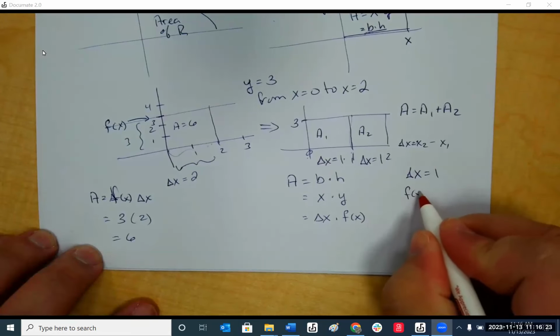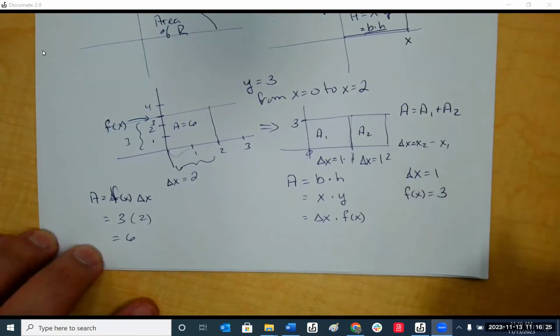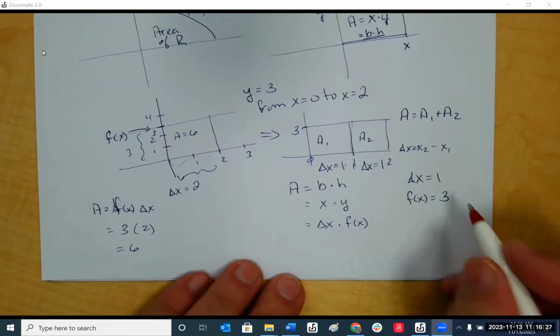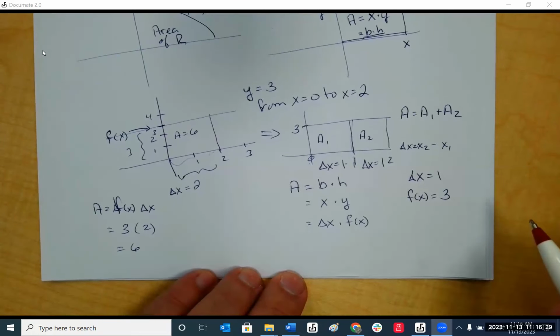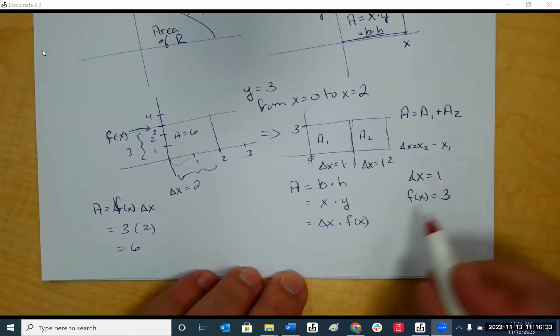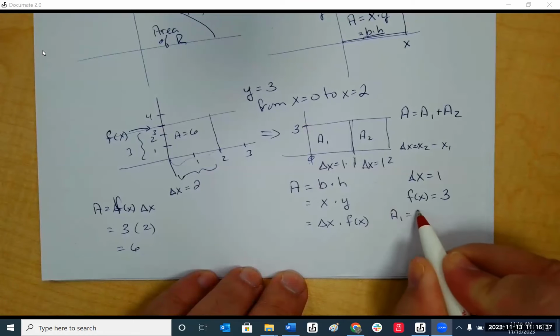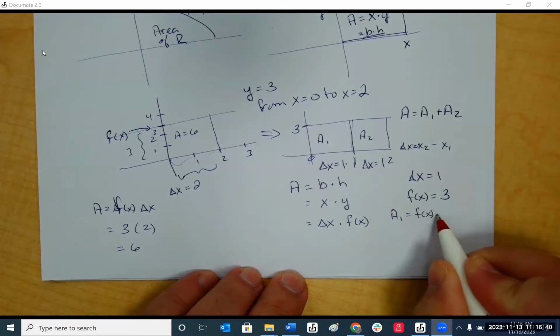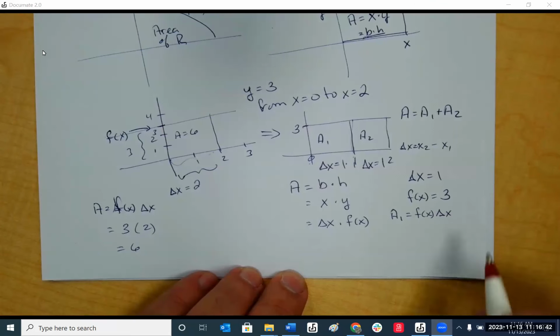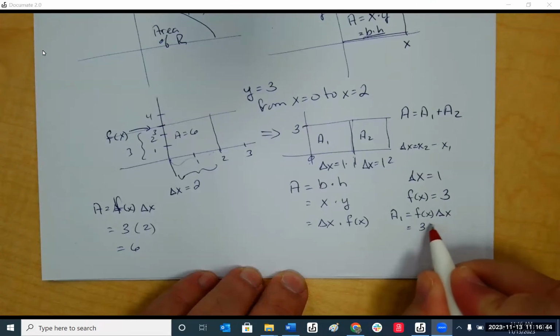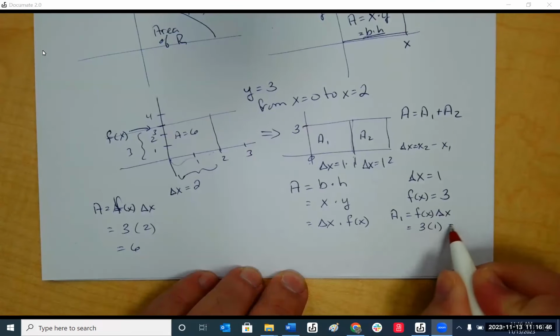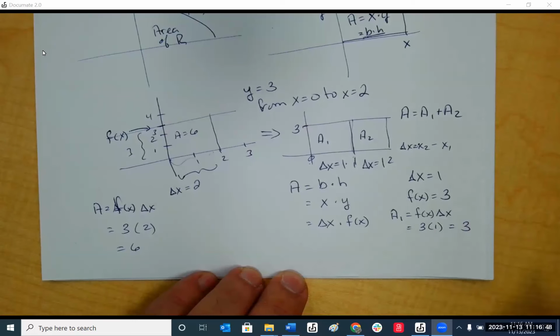And since f of x is a constant function, a horizontal line, for area 1 we have f of x times delta x, 3 times 1 is 3.